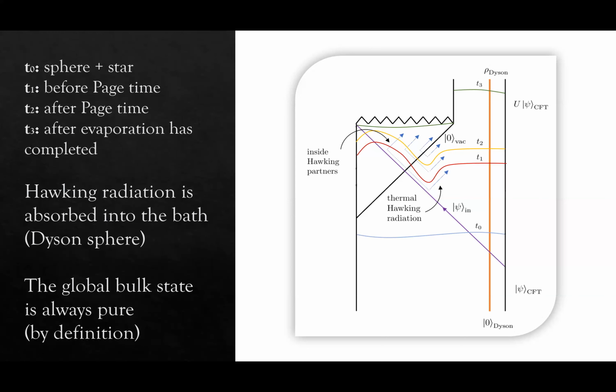When you say absorbing, you mean a projective measurement, or what exactly do you mean? Basically, just collecting all the Hawking radiation, if you will, so that I can do some measurements with it later and analyze it. So basically, what you mean is decoupling, in the sense that you just do not allow it to interact with the rest, and it does what it wants to do. Right. So it's like in the previous setting.